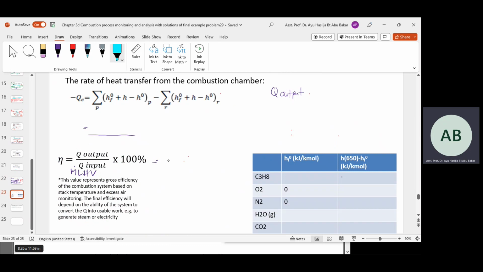The efficiency you should be getting is around 85%.